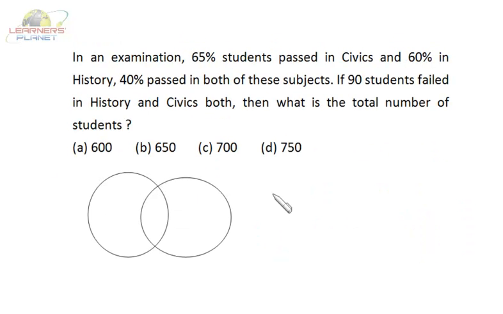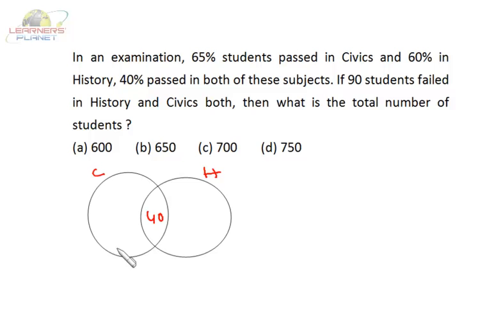Now let's take one more question based on Venn diagram. In an examination, 65% students passed in civics and 60% in history. Let this circle be of civics and this one of history. And 40% passed in both of these subjects. That means the common value is 40%.